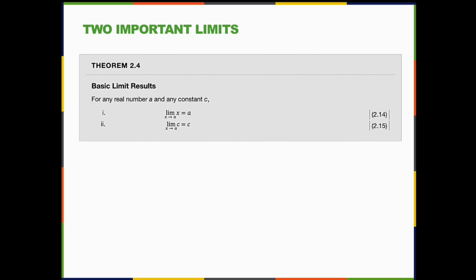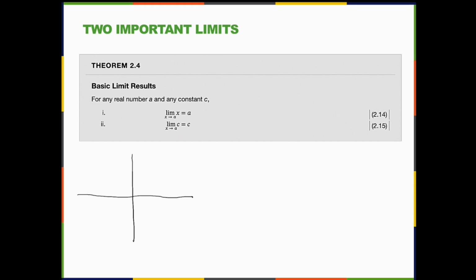So let's look at two important results that we covered in the previous lesson, but I didn't officially define them. So in this lesson, we're going to officially define them. We have the first rule: the limit as x approaches a of the function x is equal to a.